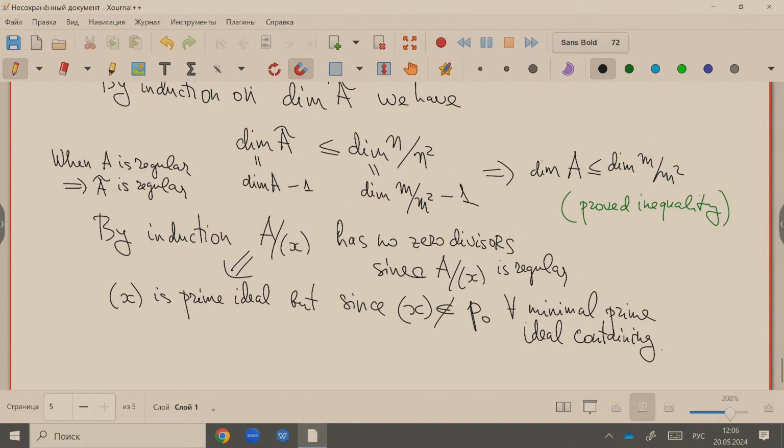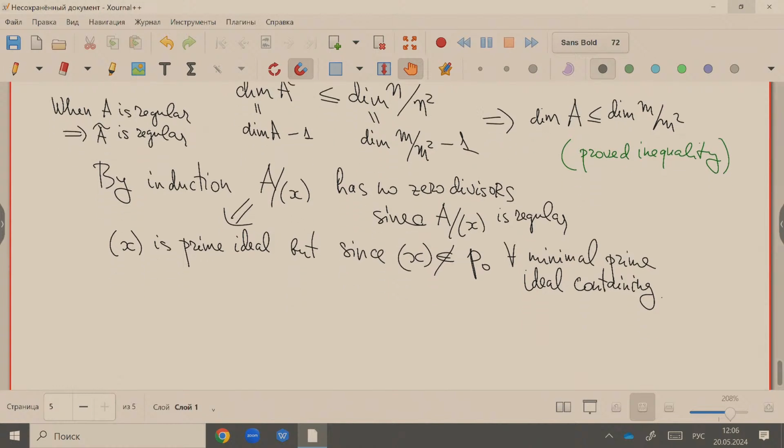But X doesn't belong to any minimal prime ideal, so this means that X is not minimal.